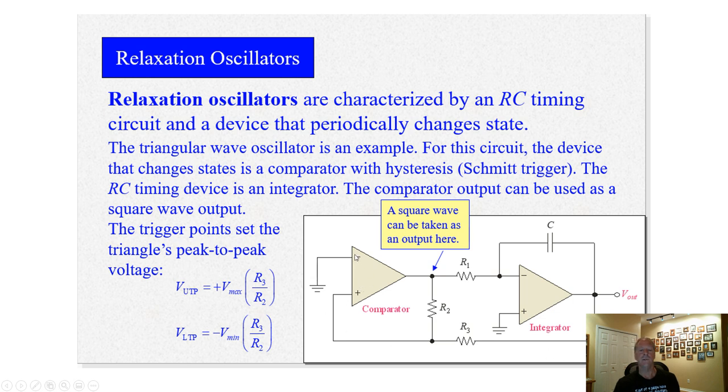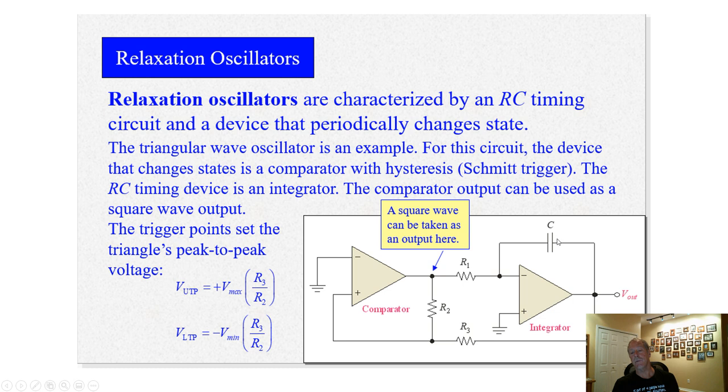As it crosses zero, the comparator is comparing the output to 0 volts. So as this output crosses 0 volts, it's going to switch the state of the comparator, which is going to cause the integrator input to switch between all the way at negative rail to all the way to plus rail. That's how this comparator is working. It's going plus and minus to the rail.